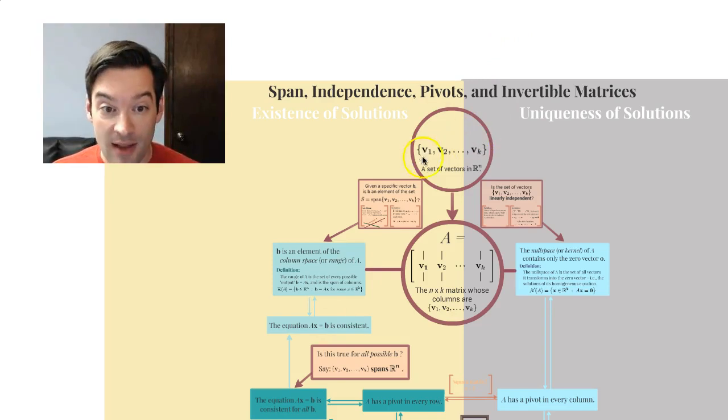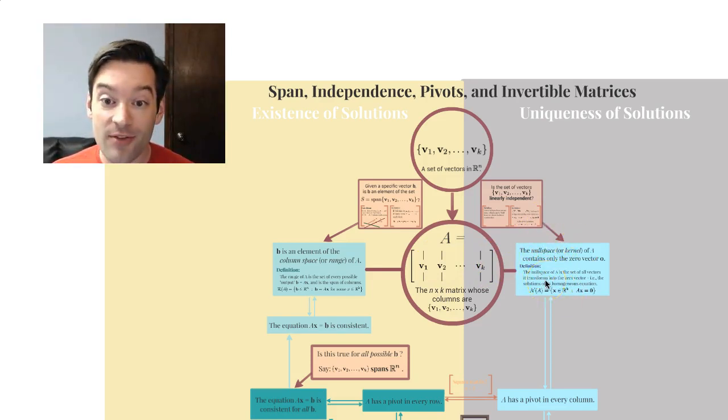Likewise, to answer questions about the linear independence of my set of vectors, I really need to answer questions about the uniqueness of solutions to the associated linear equation for the matrix that has those vectors as its columns. To do that, what I'm really interested in is the kernel or the null space.